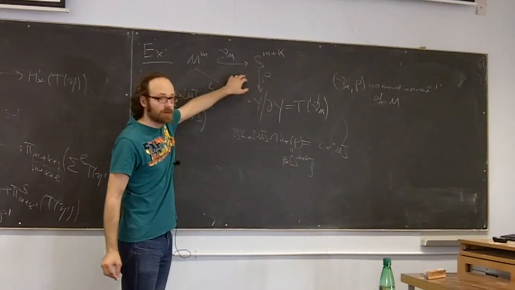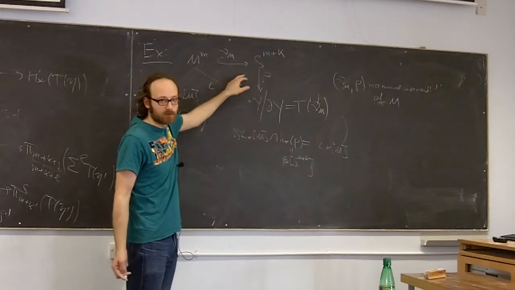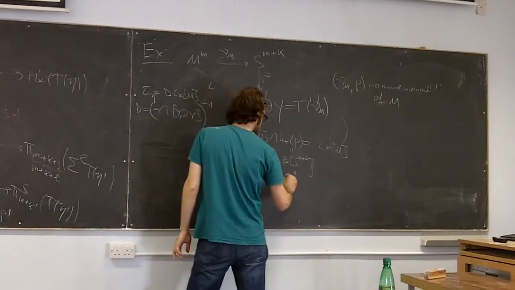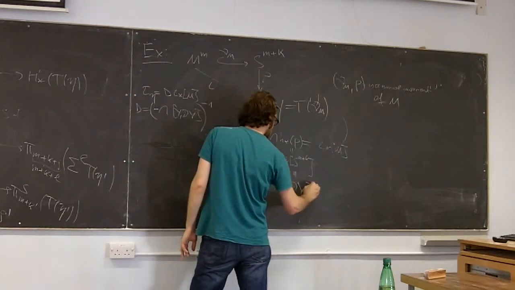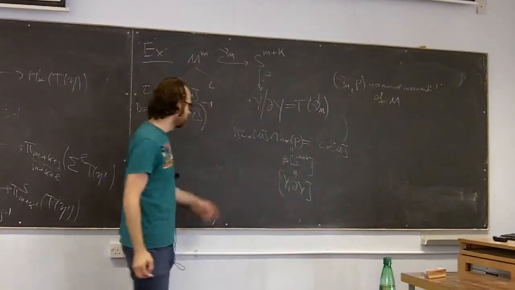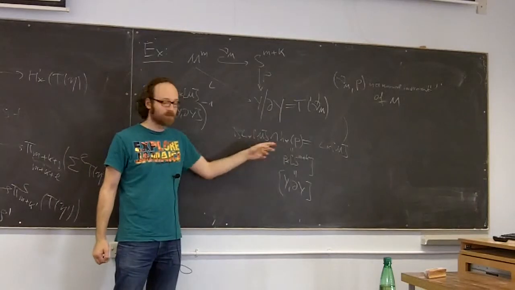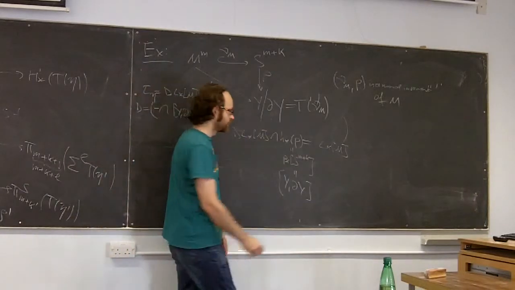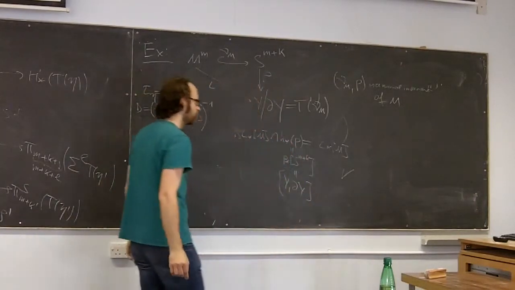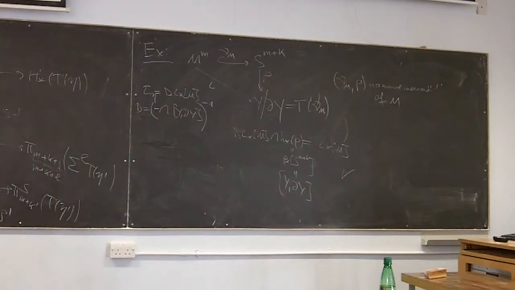Well, and this map is certainly of degree 1. Yeah? So what we do is we take D, and then we take the inverse of D. This is quite obvious. Yeah? Just by construction of the Thom class.